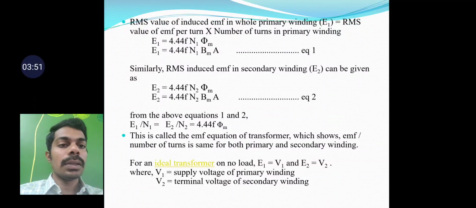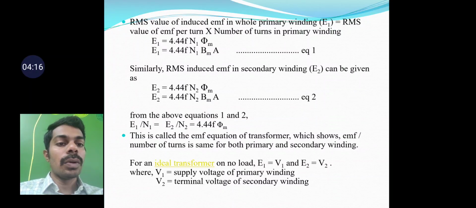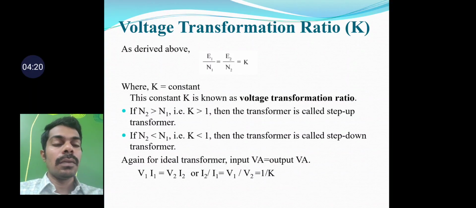This is called the EMF equation of the transformer, which shows EMF per number of turns is the same for both primary and secondary winding. In case of an ideal transformer on no load, E1 is equal to V1 and E2 is equal to V2, where V1 is the supply voltage of the primary winding and V2 is the terminal voltage of the secondary winding.